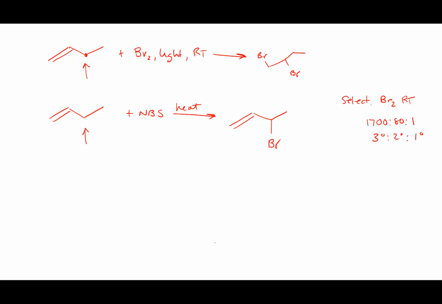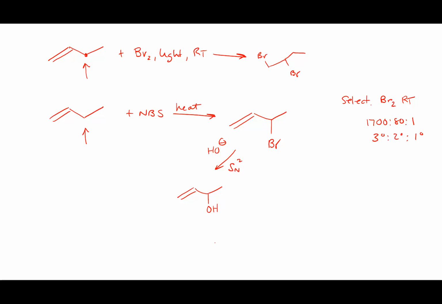I could, if I wanted to, say, you know what, I don't want to mess with kinetics and thermodynamics. How about I just do hydroxide? And if that's the case, then we're more likely to have an SN2 reaction. So then I could substitute the bromine with an OH group.